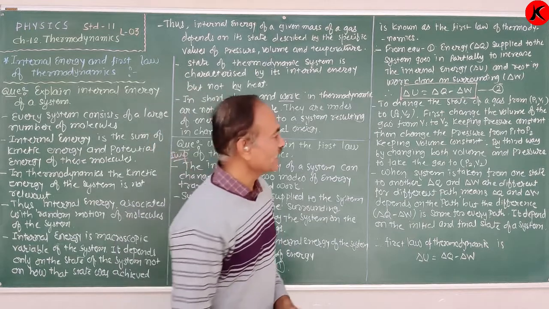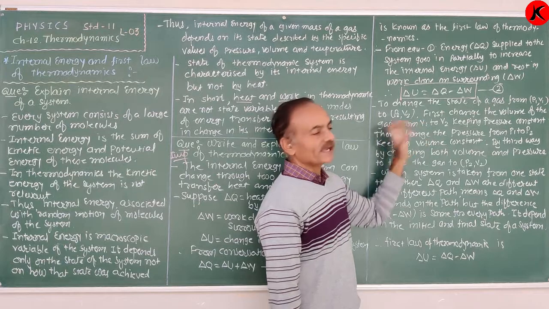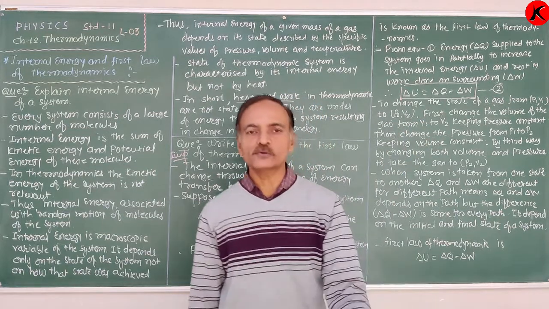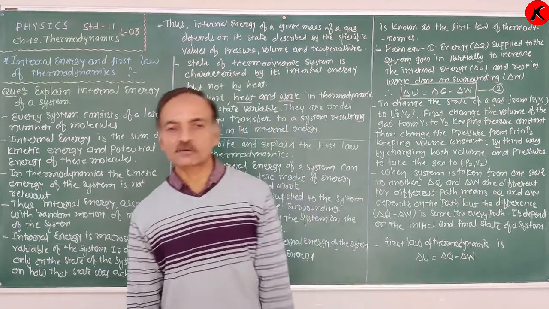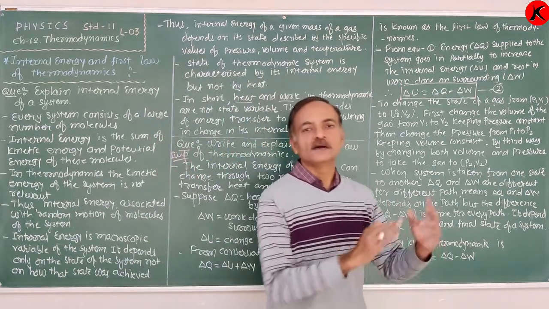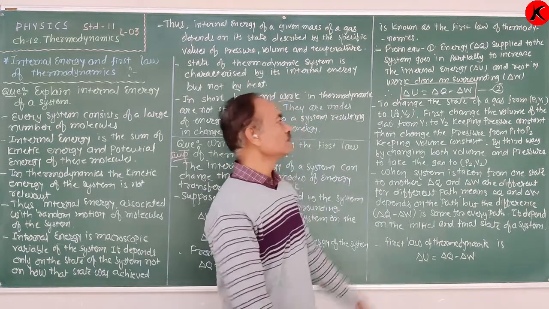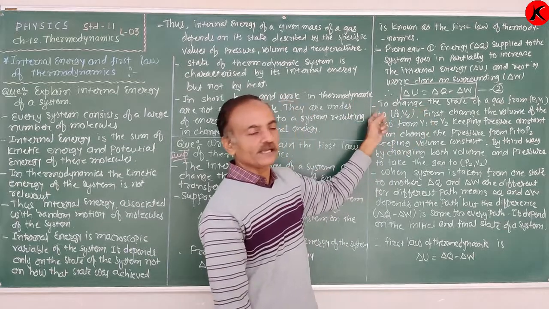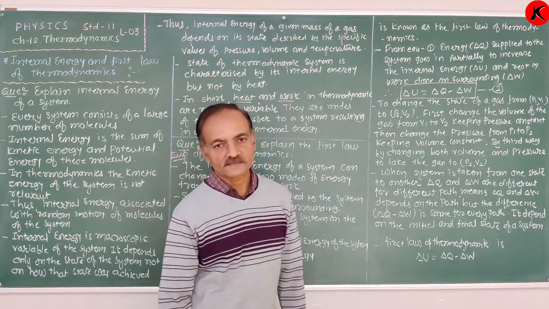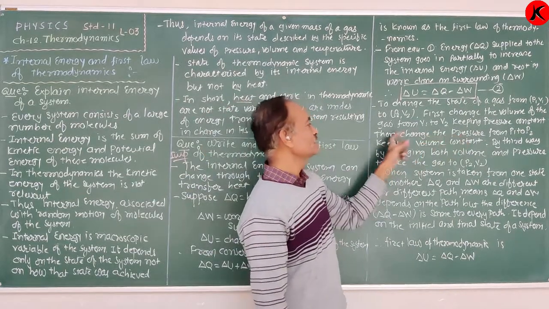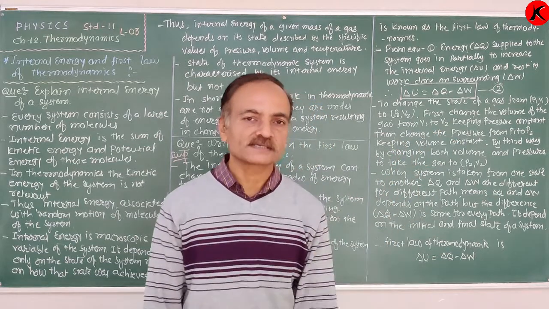The first way is to change the volume of the gas from V1 to V2 keeping the pressure constant. That means we change the volume of the system from V1 to V2 at constant pressure. The second way is to change the pressure from P1 to P2 keeping the volume constant.